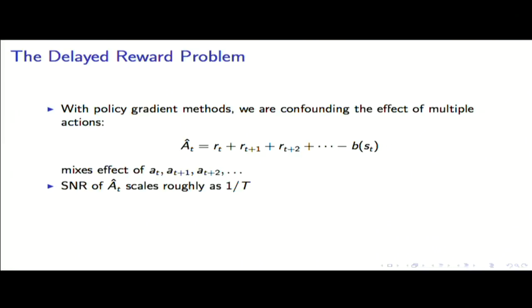Let's say that they make t independent contributions to its value, but we're only interested in one of them because we're trying to decide if action a sub t was good. So the real thing we're trying to estimate, which is the advantage function of this action, only depends on the first one. It doesn't depend on all these later ones. So the signal to noise ratio is like we have one bit of signal and t little pieces of noise. So that's not so good.